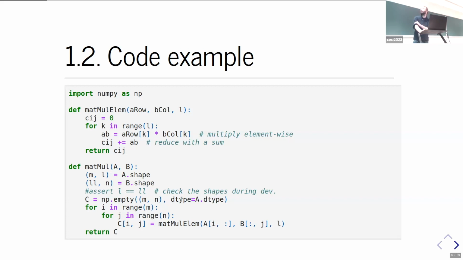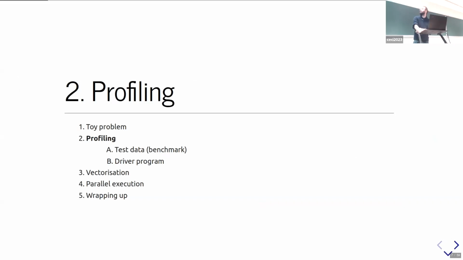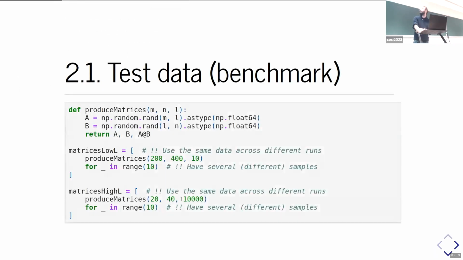First implementation: I suppose you guessed it's probably a bad implementation, but we will see how bad. Again, as before, I want to have some test data, some benchmark. Small difference than before: I said I wanted something general enough, but here I'm taking another approach. I want 2 types of benchmark.